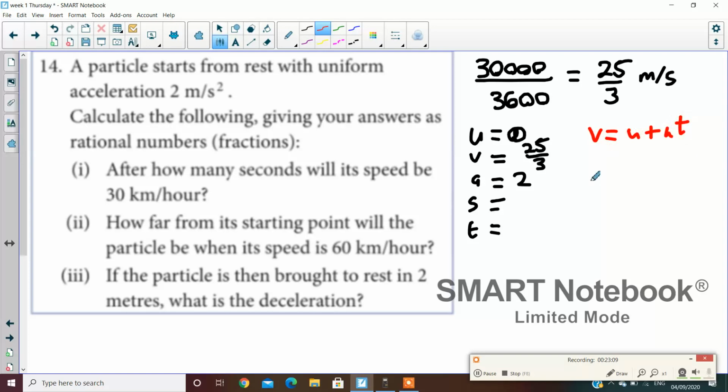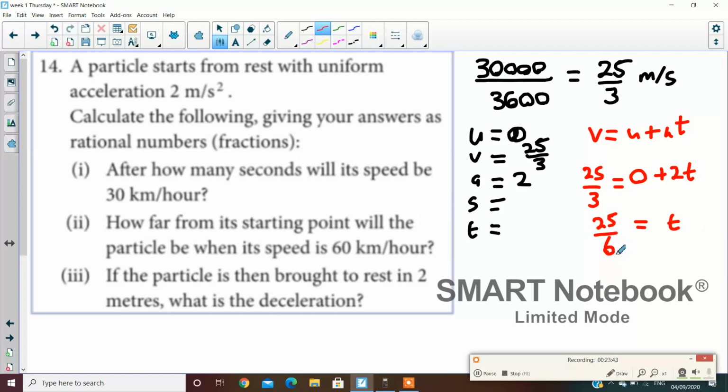So 25/3 equals u, which is 0, plus at, which is going to be 2 times t, then divided by 2, and you get 25/6.